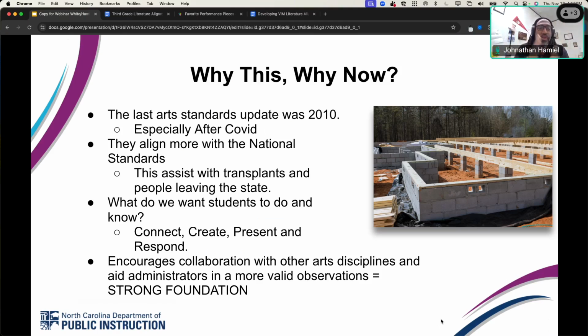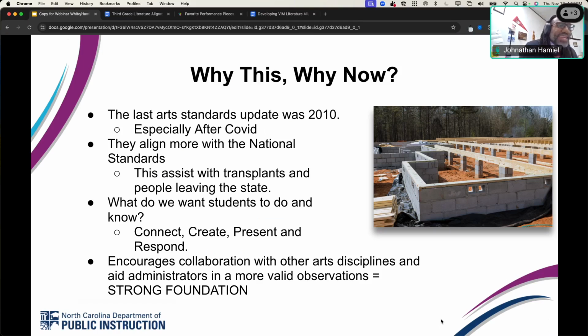No, it's right here. When we collaborate, we're going to collaborate in the connect strand, or we're going to collaborate with the connect, the create, and the present strand.